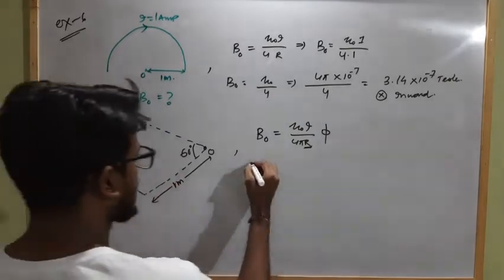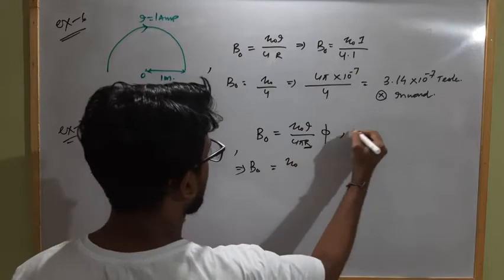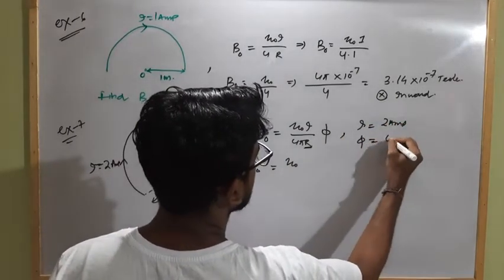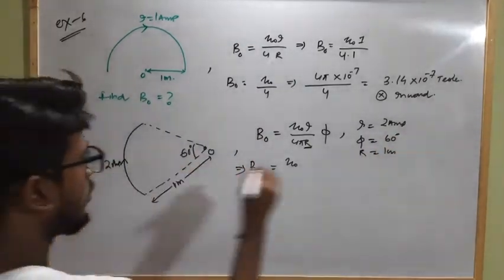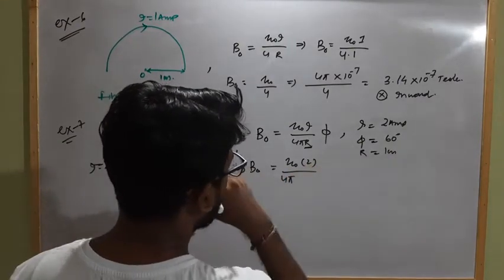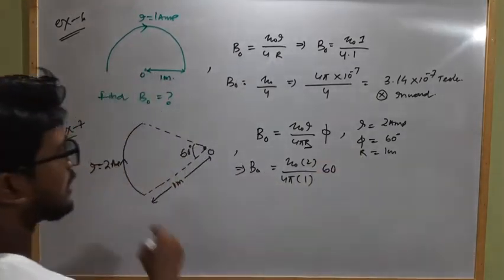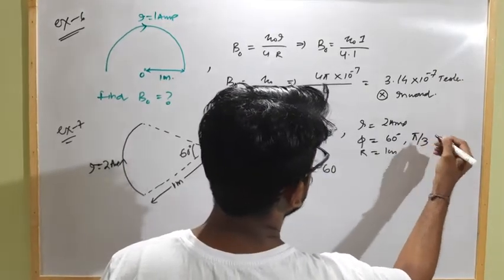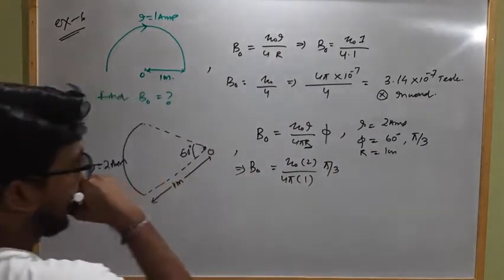For this case, B naught equal to mu naught. What is the value of I here? I equal to 2 ampere, phi equal to 60 degree, and r equal to 1 meter. So mu naught, in place of I we write 2, divided by 4 pi, in place of r we write 1, in place of phi we write 60 degree, which can be written as pi by 3 in radian.